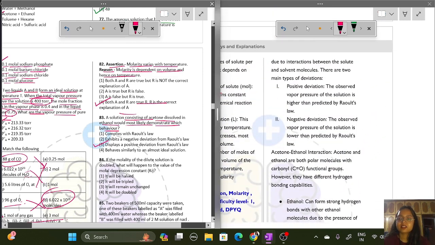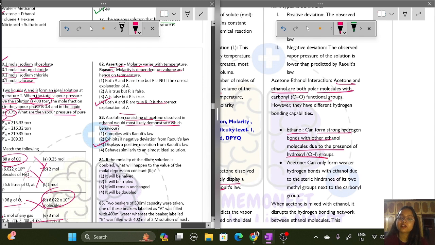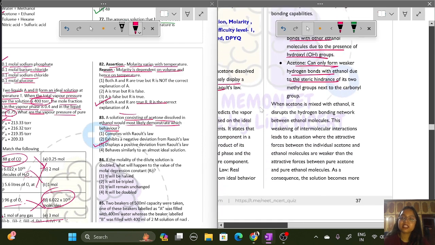See, acetone and ethanol are both polar molecules. Ethanol can form strong hydrogen bonds with ethanol molecules due to the presence of the hydroxyl group, and acetone can form weaker hydrogen bonds with ethanol due to steric hindrance.